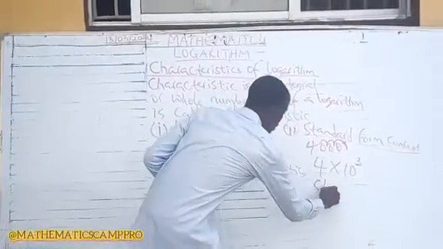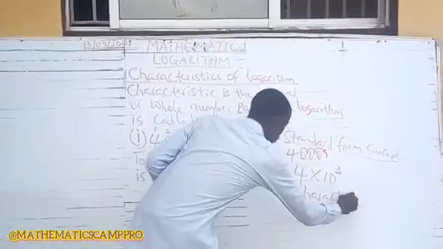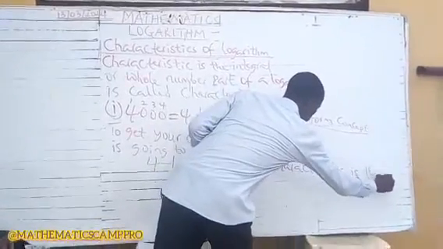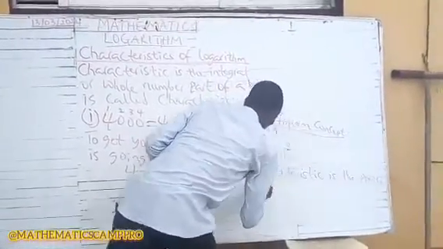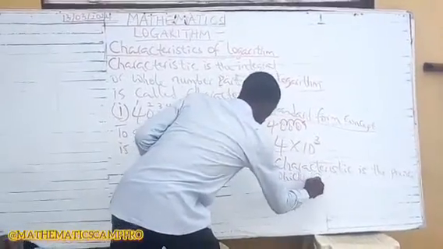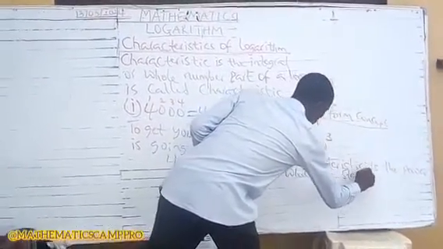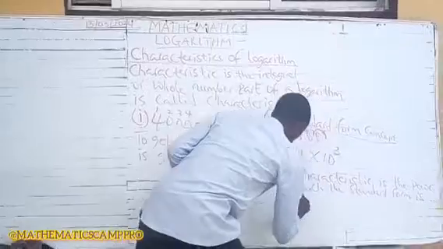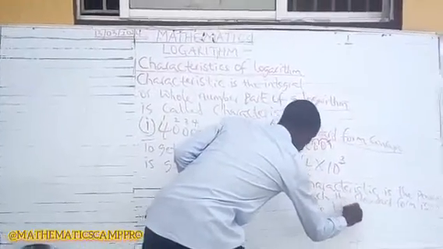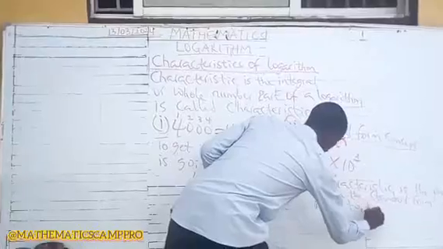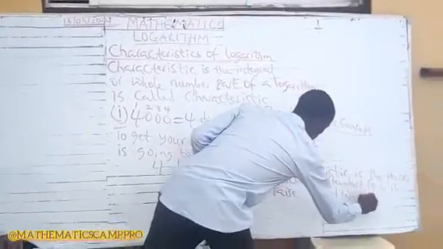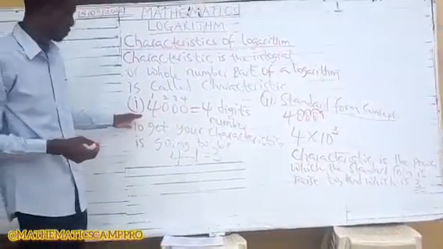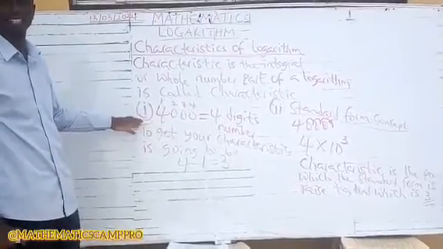Your characteristics is the power the standard form is raised to, and which is 3.